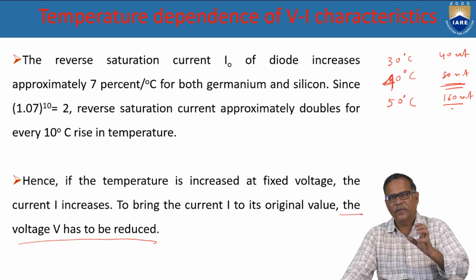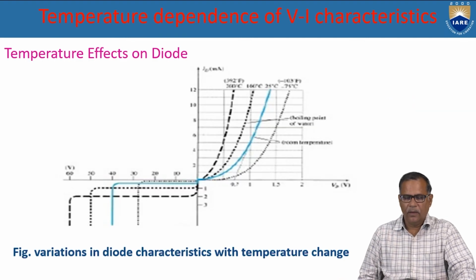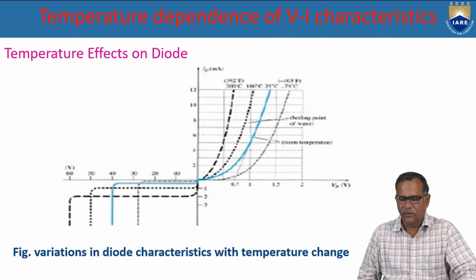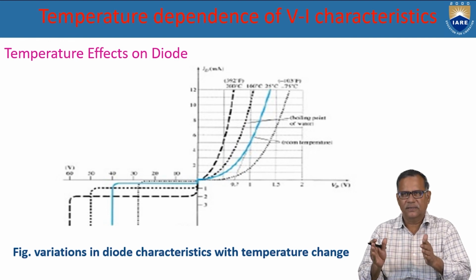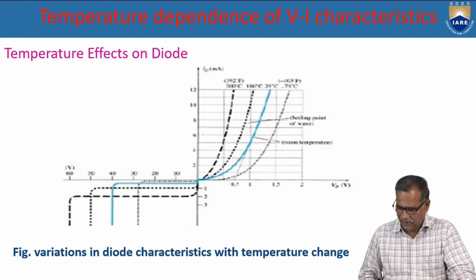So to bring the current to its original value, the voltage V has to be reduced. These are the temperature effects on the diode. As the temperature increases, the curves shift towards the left side, causing more values of current.